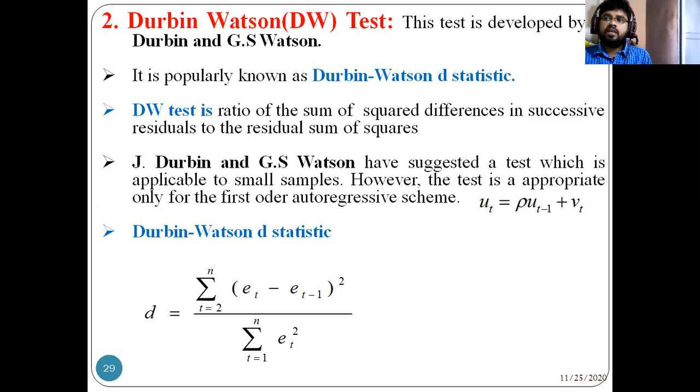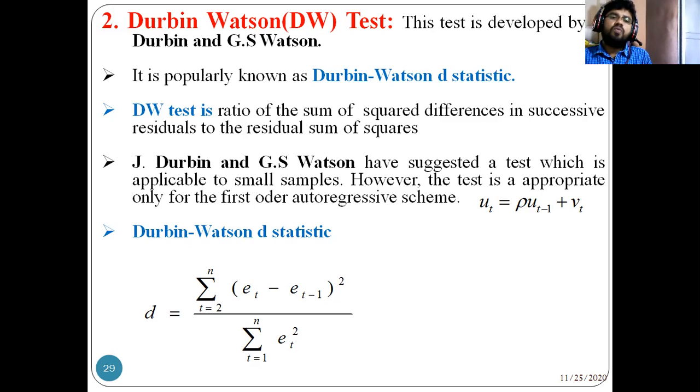Sometimes we put the Durbin Watson test value as D is equal to something, D is equal to 2.5 or 1.9 or 1.2 or 2, like that. Some people represent it as DW or DW value. So it is popularly known as the Durbin Watson D statistic.